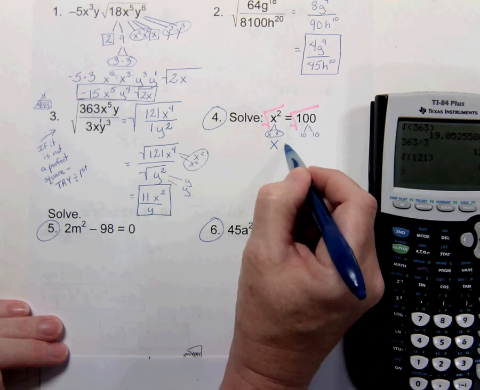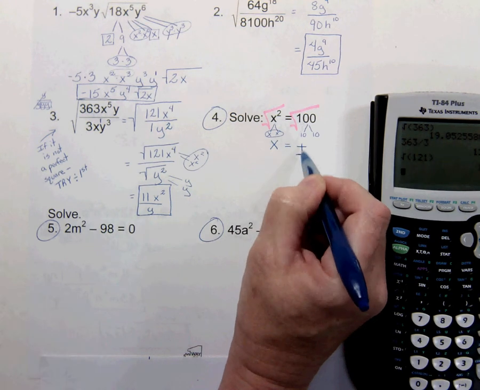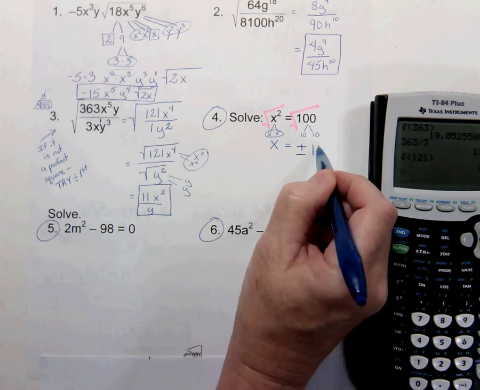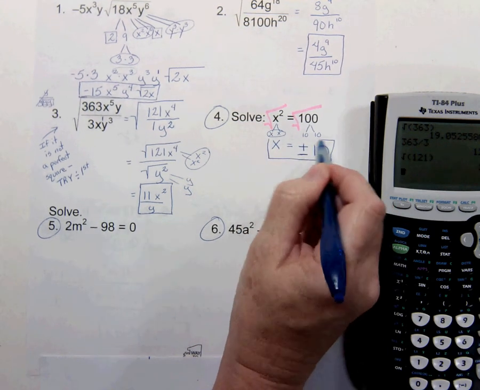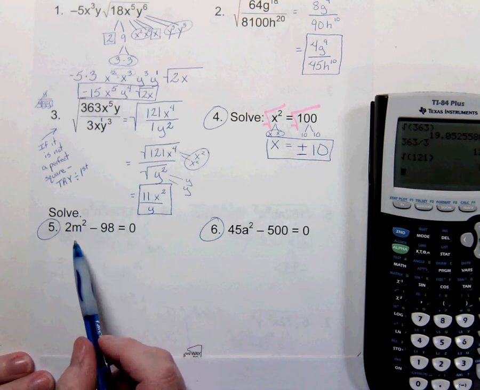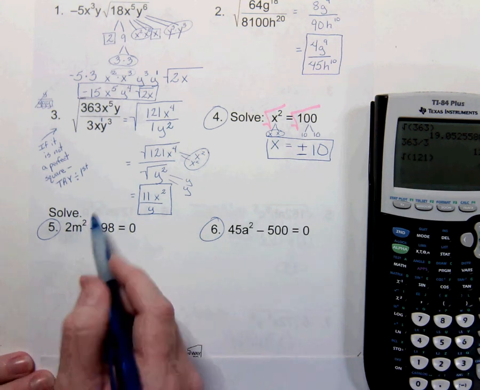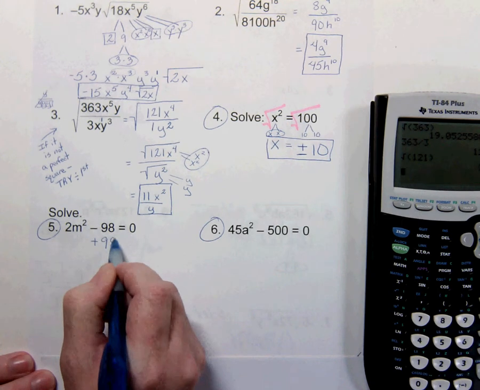So when taking the square root, just remember this, you're always going to have 2 answers, a plus or minus 10 for that answer. So each one of these you're going to have a plus or minus. The only way this one and this one are different is that you first want to isolate the 2m squared by adding 98 to the other side.